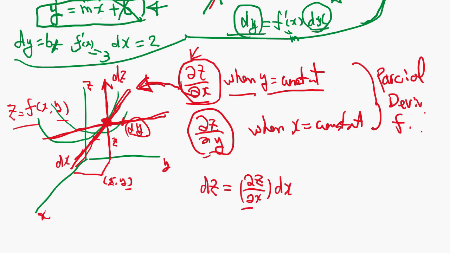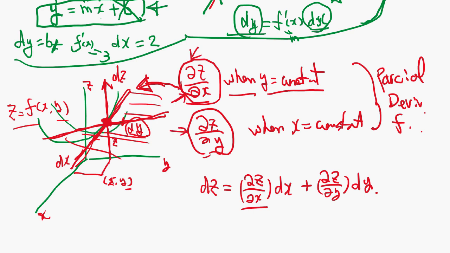This is slope, plus dz/dy times dy. So this equation is the plane defined by these two functions. This is a linear function. It defines the one plane which is touching this function, right?